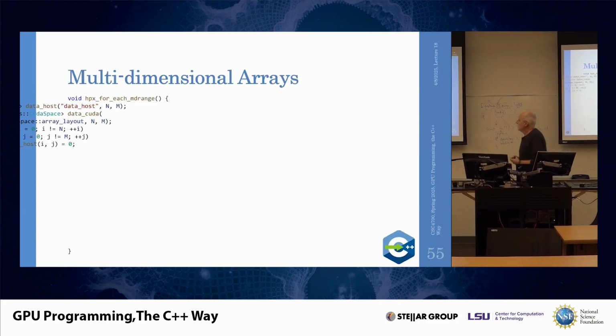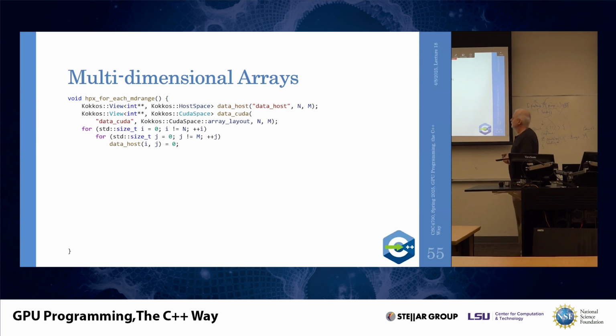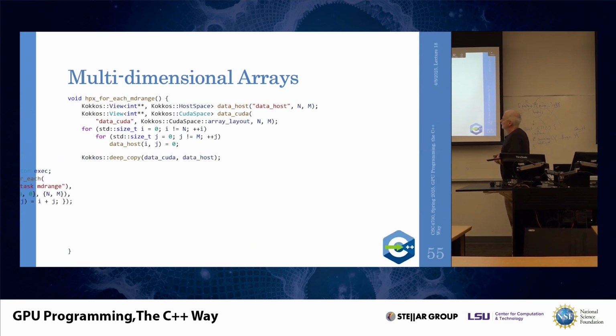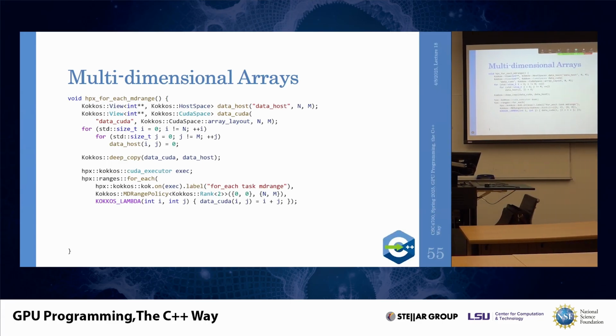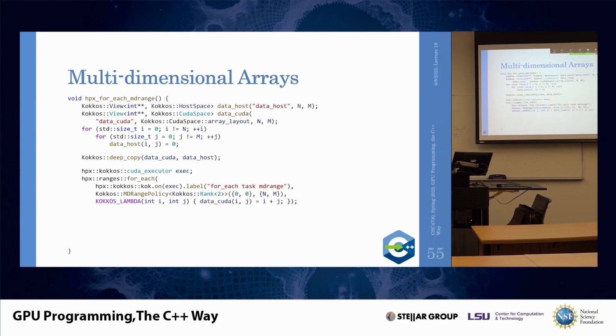The last example I wanted to give you, we don't have to go through that, just how you can use a multi-dimensional iteration using HPX algorithms by passing an MD range policy where you tell it, okay, one dimension goes from 0 to n, the other one goes from 0 to m.